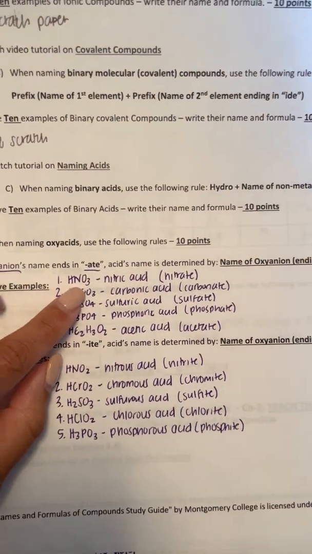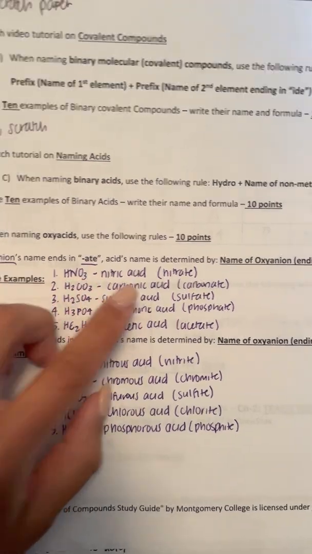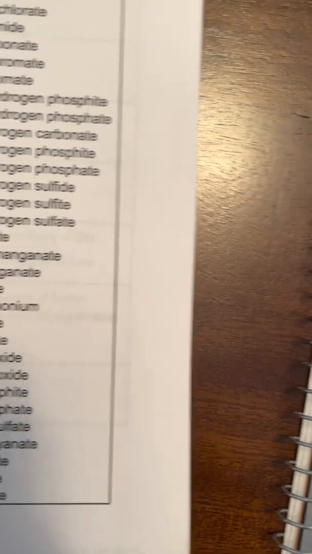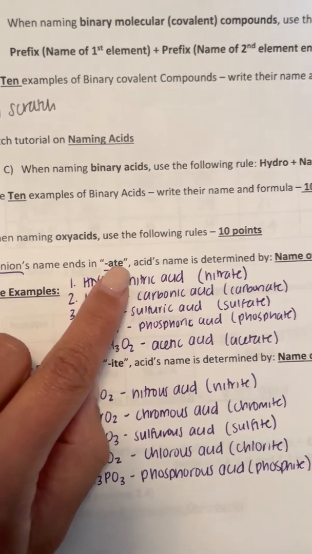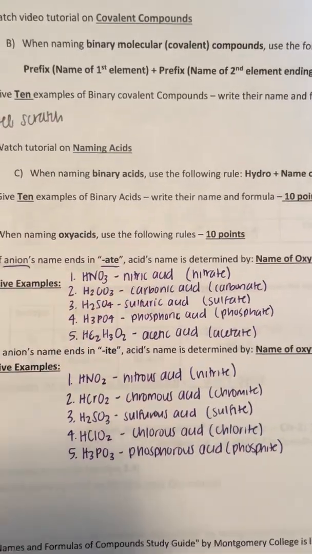So I've got my polyatomics here next to me. So HNO3, that is our NO3. Let's see if we can find it over here. That is nitrate. So it ends in ate, NO3. So we'll change it to nitric acid.